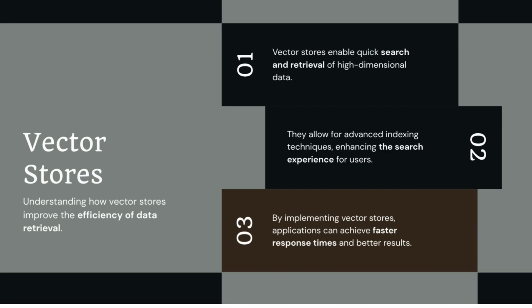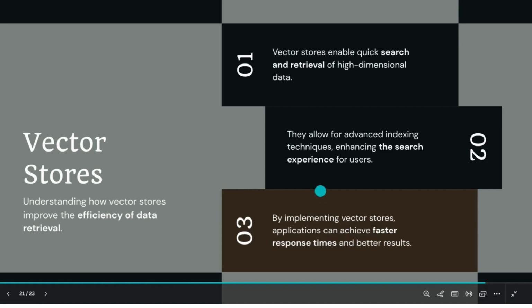So when you want to do a similarity search between your query and loads of chunks, they're optimized to search through all of that quickly and get you the most similar ones. They allow advanced indexing techniques, enhancing the search experience for users. By implementing vector stores in applications, we can achieve faster response time and better results. So let's get into the code.